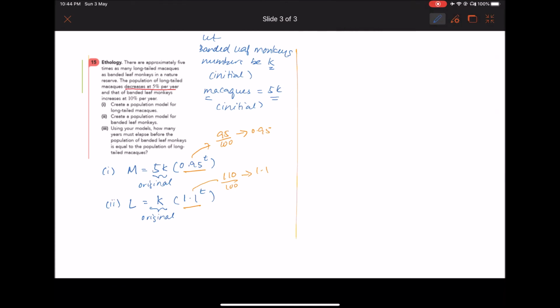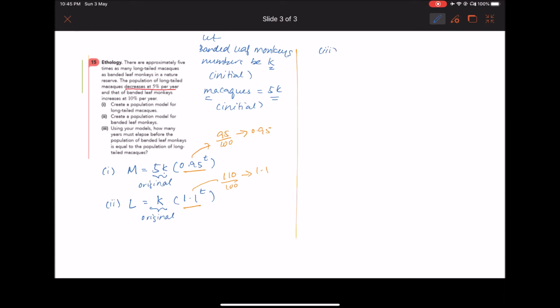The second question says that using the models, how many years must elapse before they are actually equal in numbers? Don't forget, one was more originally, but it decreases by year. The other one was smaller originally, but it increases by year. So what we're going to do is equate them.